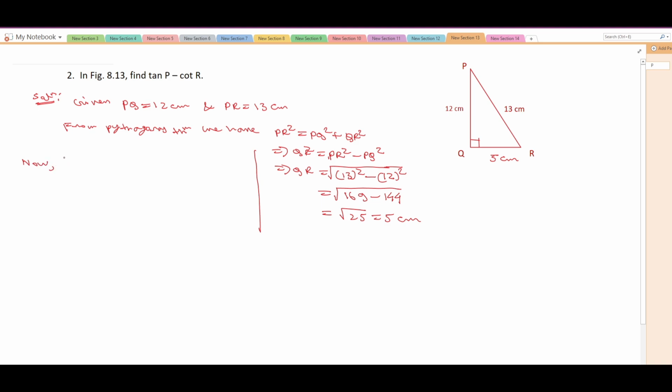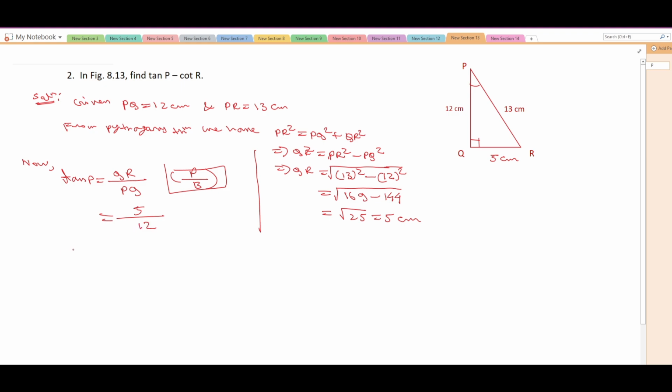Now tan P equal to perpendicular by base, QR by PQ, where QR equal to 5 and PQ equal to 12.